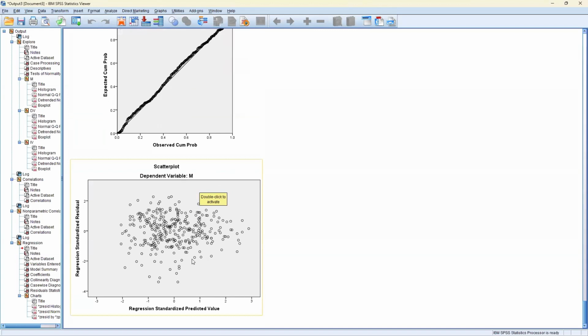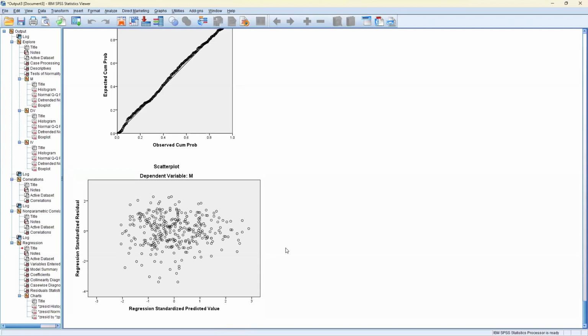And the next part is the scatter plot. To check the scatter plot of predicted values against standardized residuals, you can check 2 assumptions at the same time based on this figure. What we are looking for here is the assumption of linearity and the assumption of homoscedasticity.